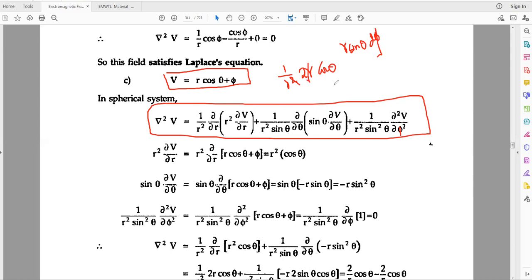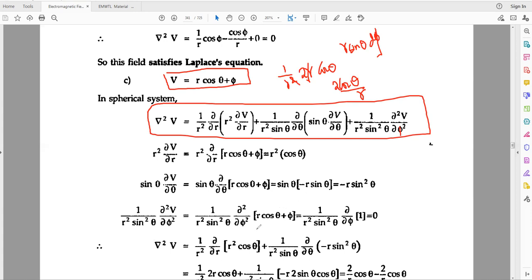So r and r get cancelled, giving 2cosθ/r. 2cosθ/r is the first term.